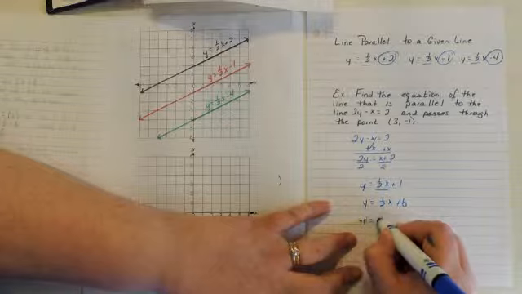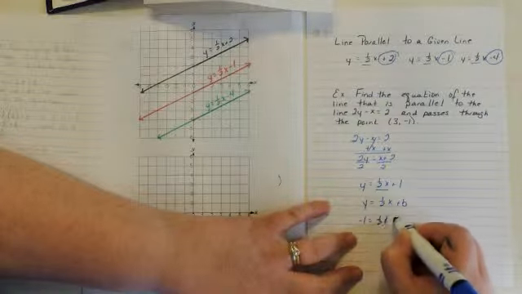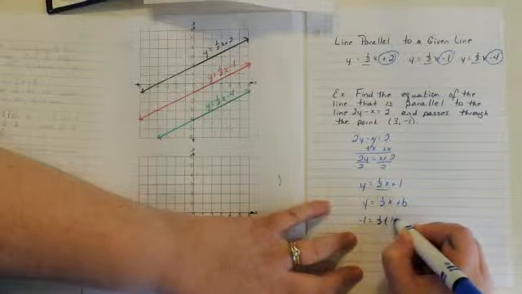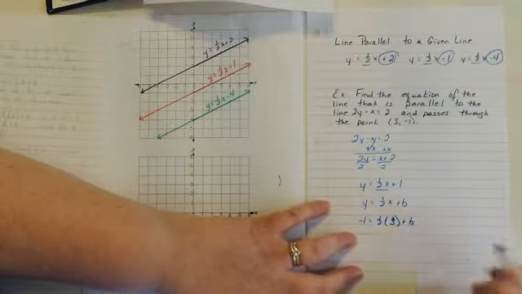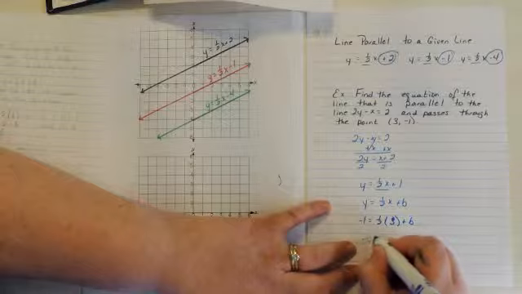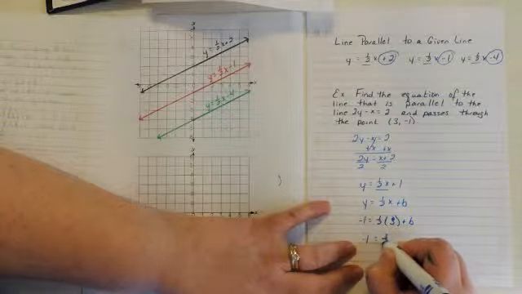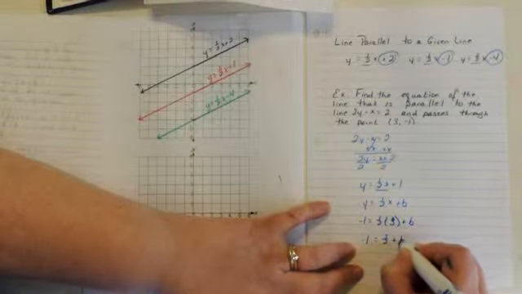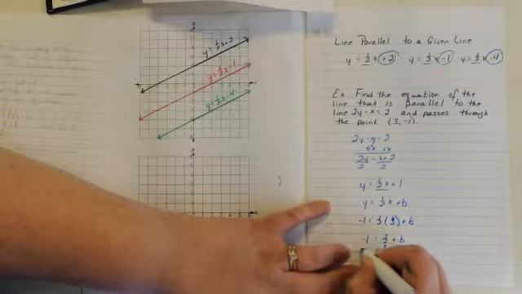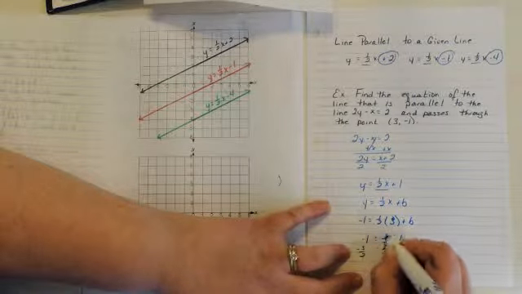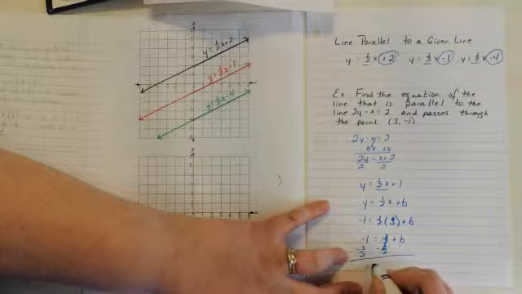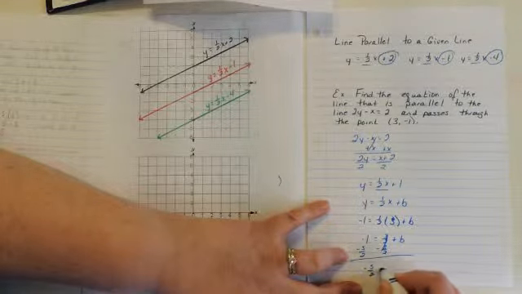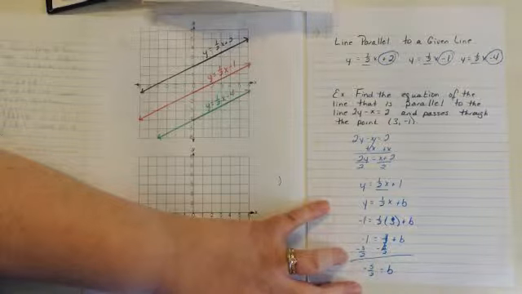So -1 equals 1/2 times 3 plus b. -1 equals 3/2 plus b. Minus 3/2, minus 3/2. This is 2/2, this is 3/2, this is -5/2 equals b.